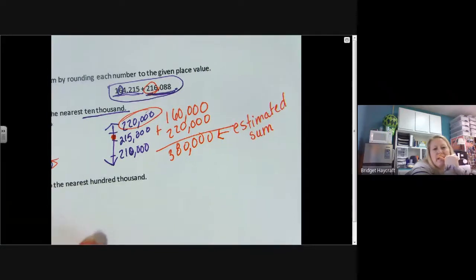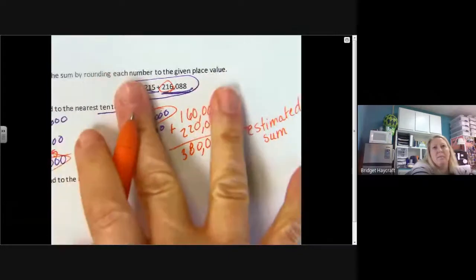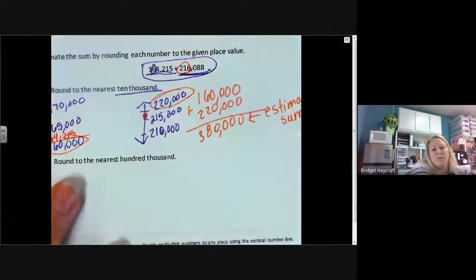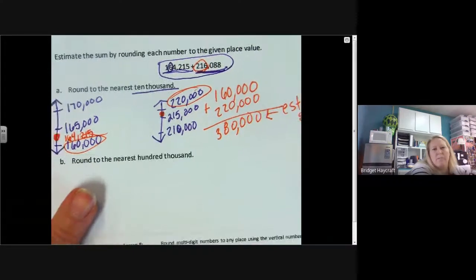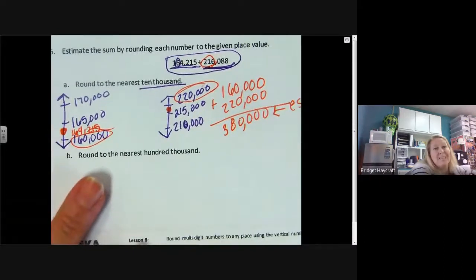This one is a multi-step problem. I promise you I will have a multi-step problem on there for you. So you need to make sure that you're going through the steps. And most of the time my multi-step problems are worth more points than just a simple question.